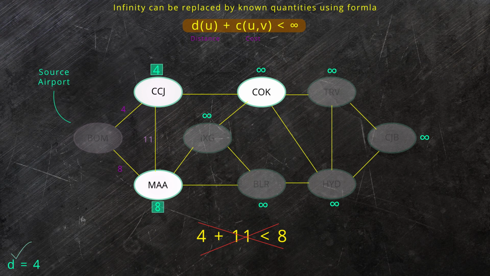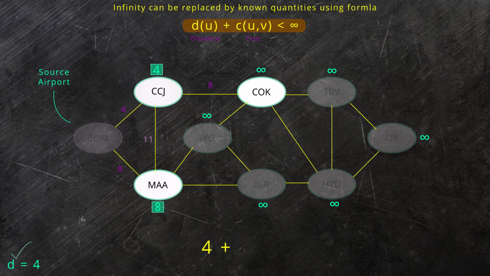Now look at the second part. Now U is equal to CCJ airport, V is equal to COK. Now again, distance of U plus cost of U to V should be less than distance of V. Distance of U is 4 plus cost of U to V, which is 8.